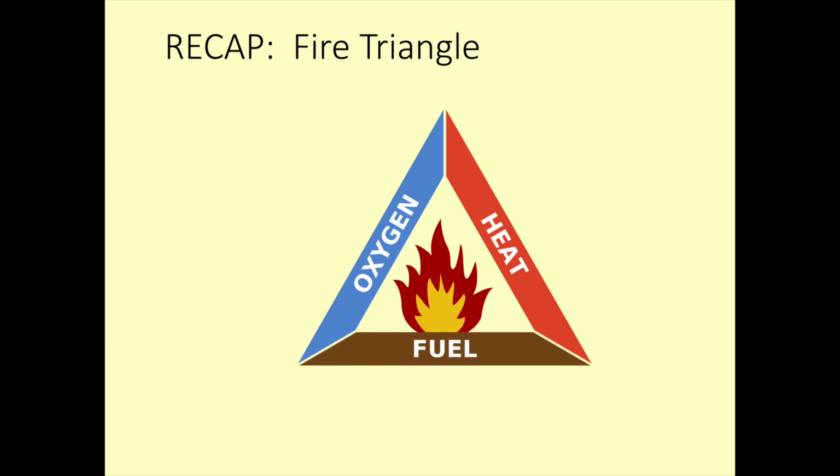Oxygen is in the air around us, and heat is going to vary as to how much heat you need, but of course once a fire starts, heat is quite a plentiful supply. However, taking away the fuel or taking away the oxygen would stop that fire from happening.